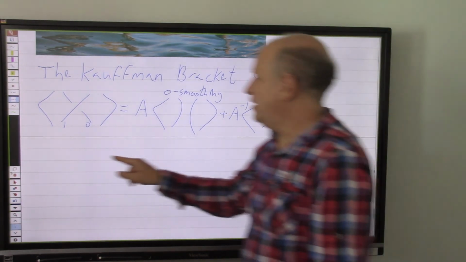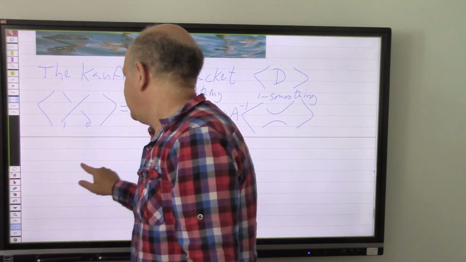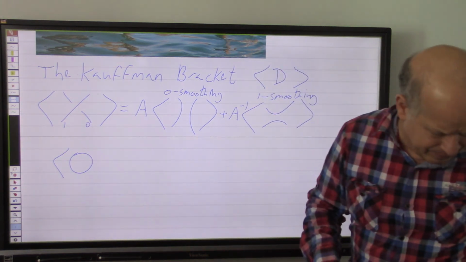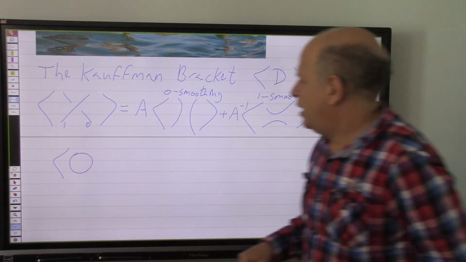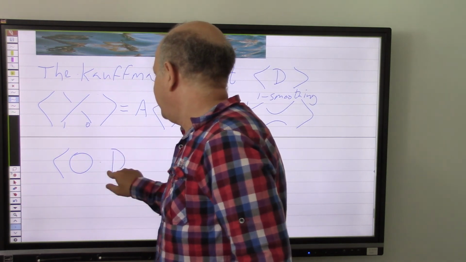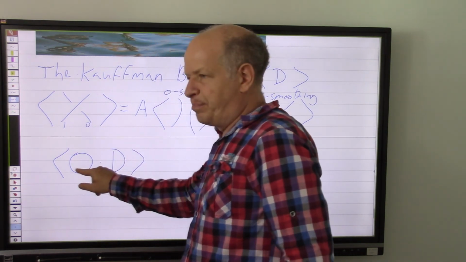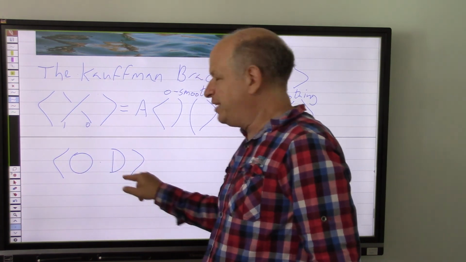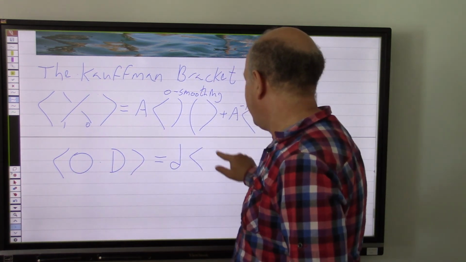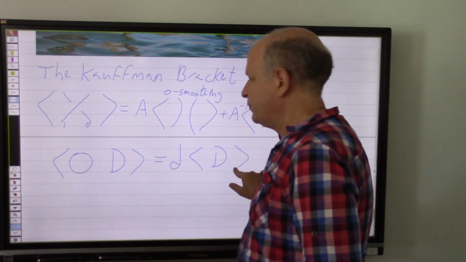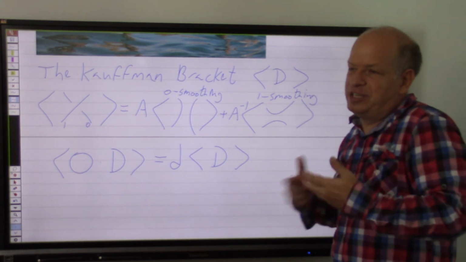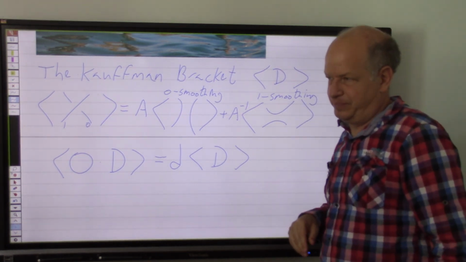And then the second axiom is that if you have a circle and then a diagram, then the bracket of the circle with the diagram is equal to d times the bracket of the diagram, where d is, again, some variable that I'm yet to specify its meaning.